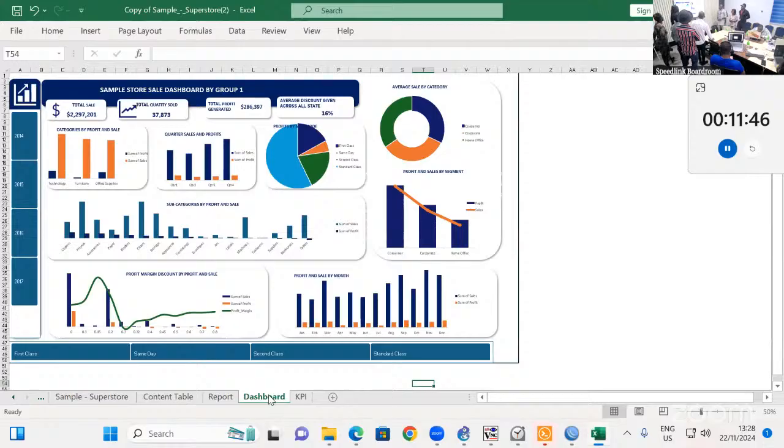Okay, so this is a dashboard for a superstore. The dashboard is basically a tool that is used to represent data from a data set in a visual representation. So in this dashboard, we have mostly column charts and pie charts or donut charts.